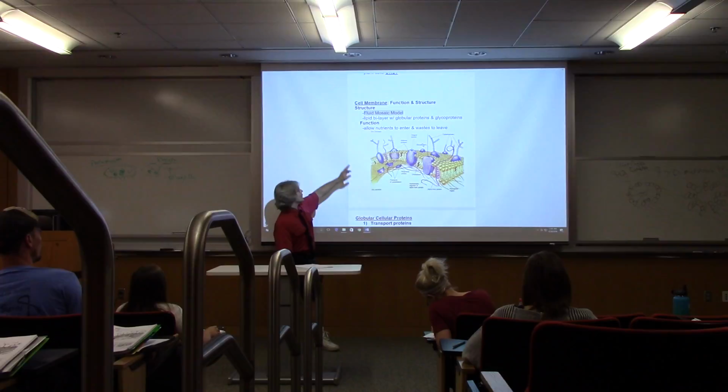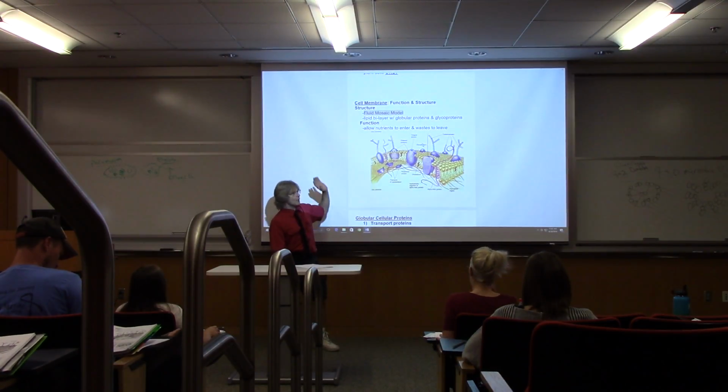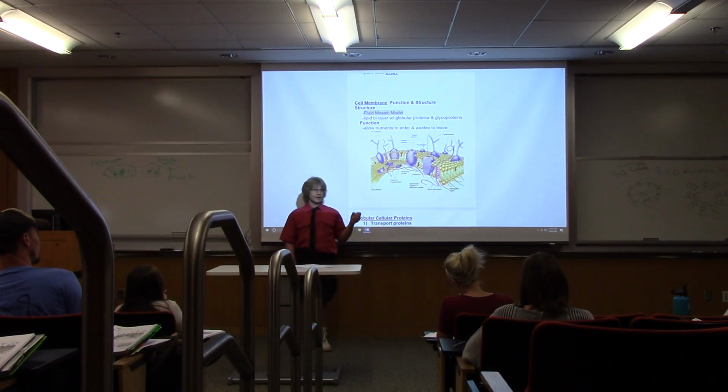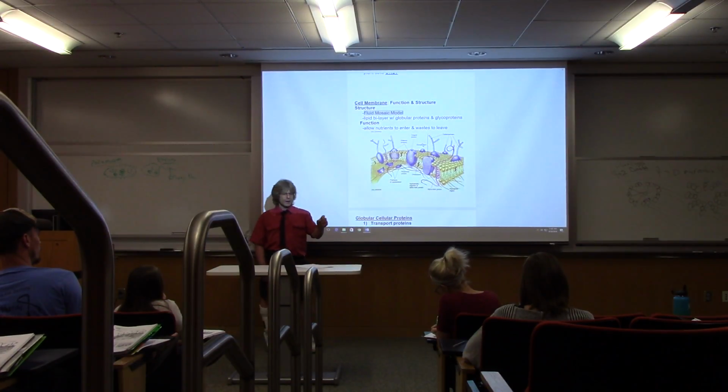Okay? So again, the fluid mosaic model. Mosaic is little bits and pieces of it. Think of the word mosaic. You're producing a large portrait by little bits and pieces.